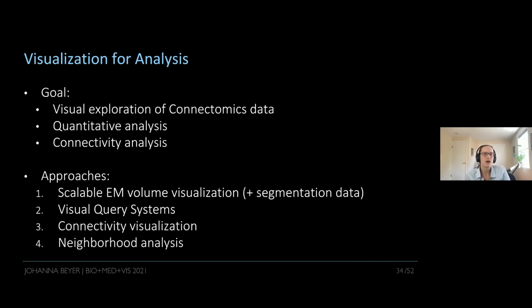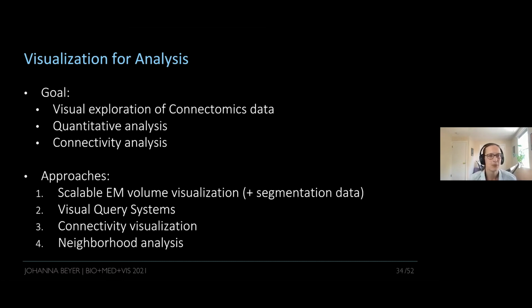All right, for using visualization for analysis, the main goals in Connectomics are, on the one hand, the visual exploration of the Connectomics data. You have such big volumes and you want to get a first impression of what's in the data. But then a big part is the quantitative analysis, in particular the connectivity analysis: figuring out which structures are connected, what kind of networks they form, are there any motifs and stuff like that.